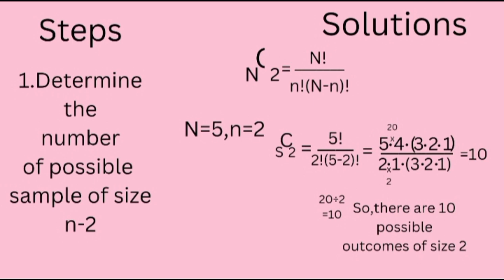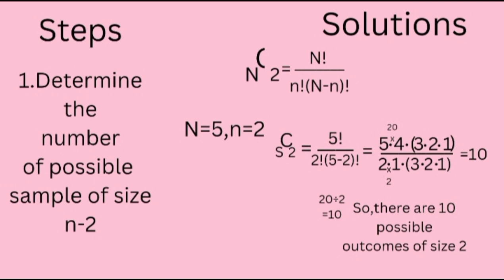We can cancel the 3 times 2 times 1. What is left is 5 times 4 over 2 times 1. 5 times 4 is 20, divided by 2 times 1, which is 2. 20 divided by 2 is 10.